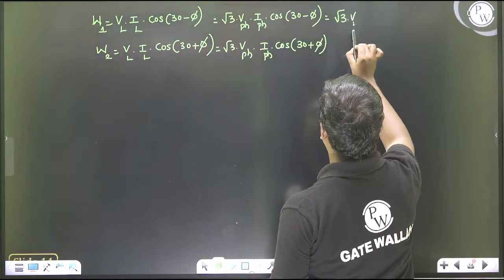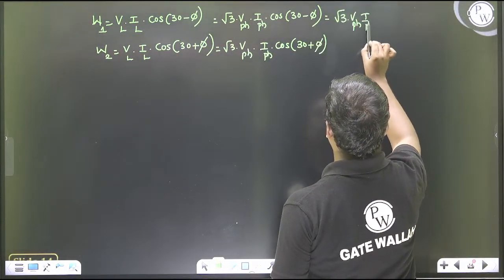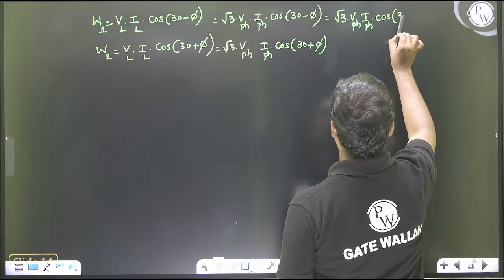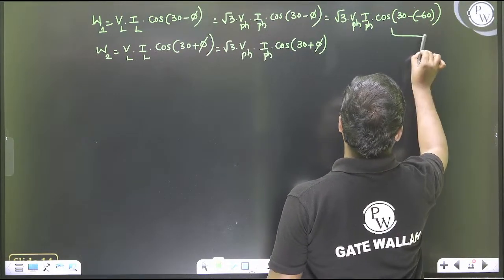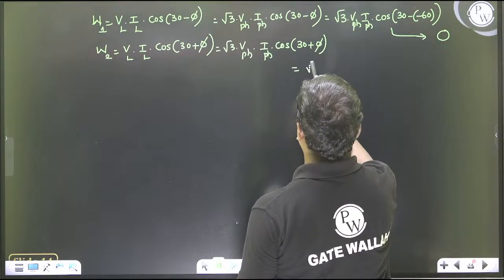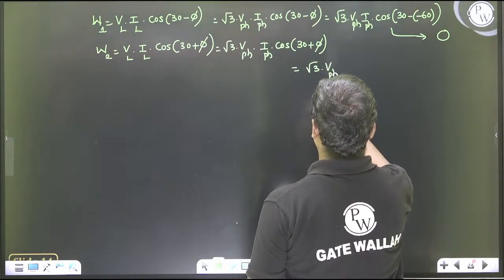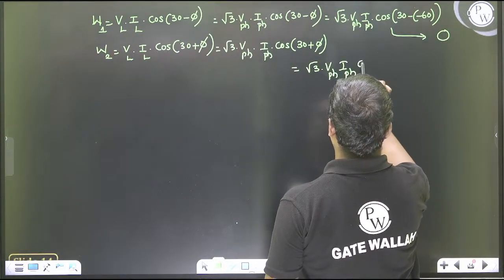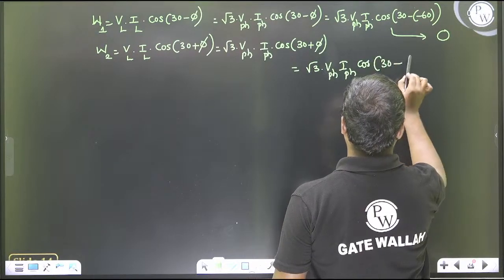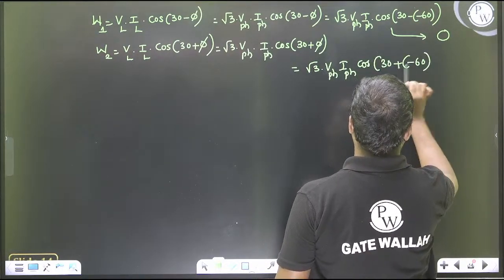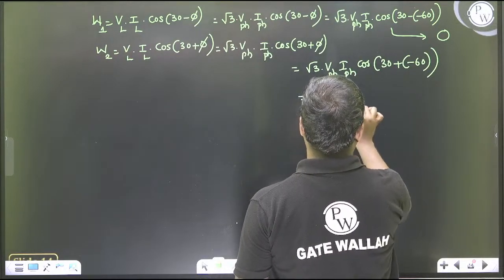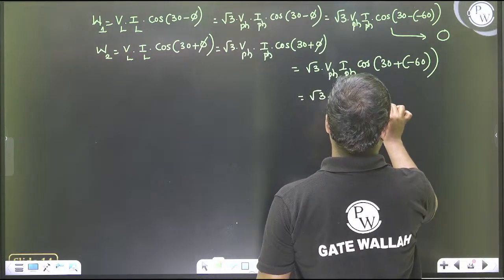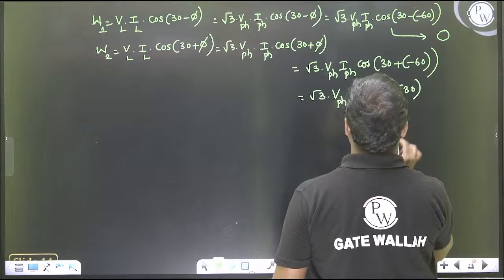Root 3 VPH IPH cos of (30 minus 60), so W1 will become 0, and W2 is root 3 VPH IPH cos of (30 plus 60). तो कितना होगा? Root 3 VPH IPH cos 30.